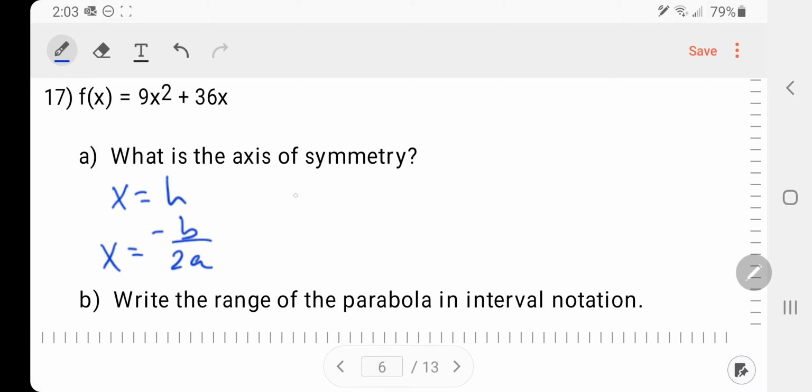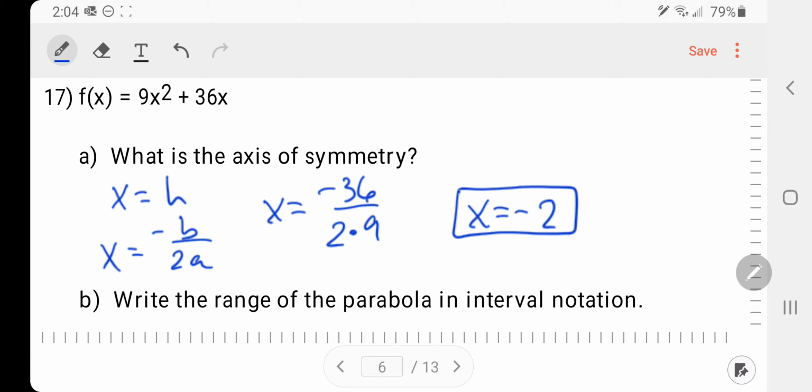And so in this case, x equals -b, which is -36, over 2a, which is 2 times 9. And if we do the work on the calculator, of course, checking it out, -36 divided by 2 times 9 is -2.